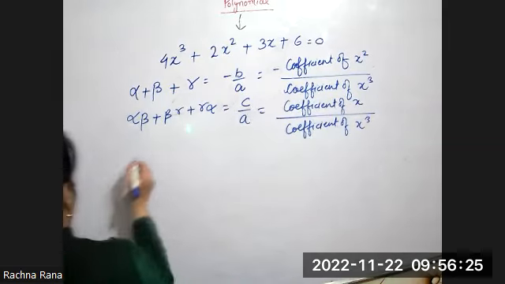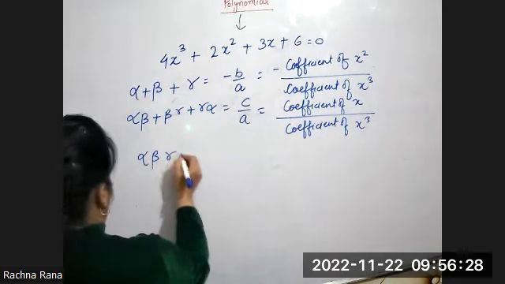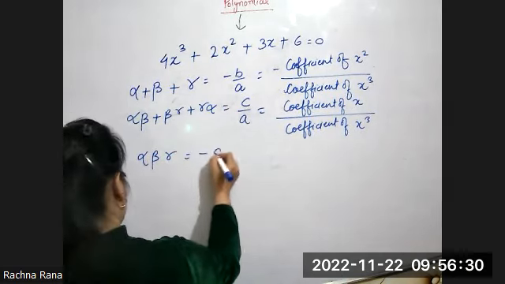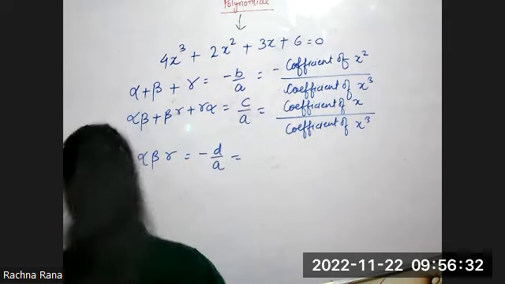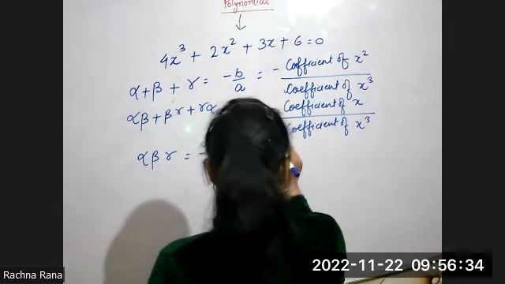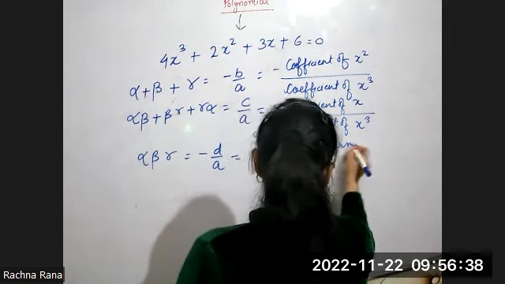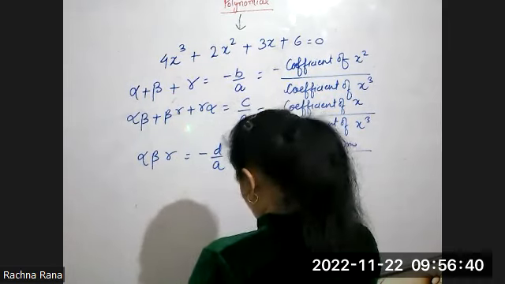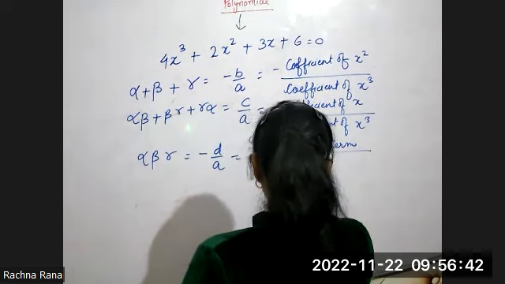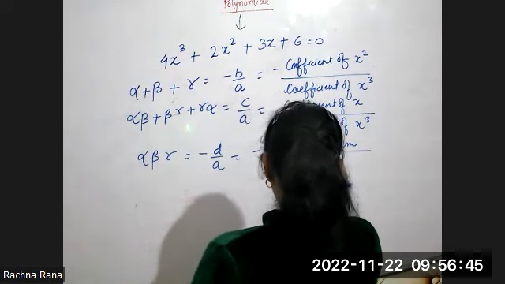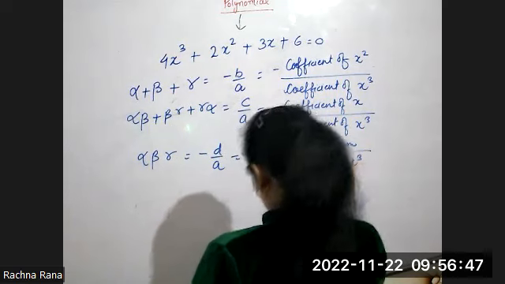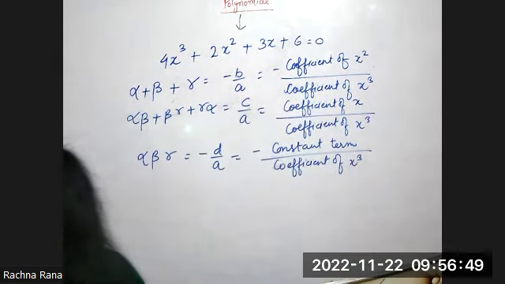And third, alpha beta gamma is equal to minus d over a, minus constant term over coefficient of x raised to power 3.